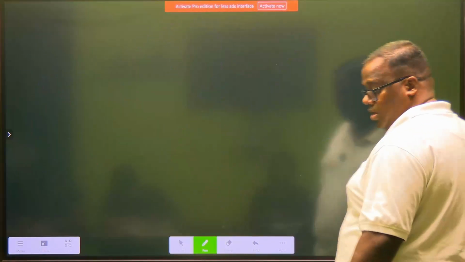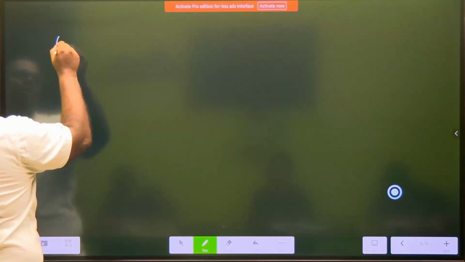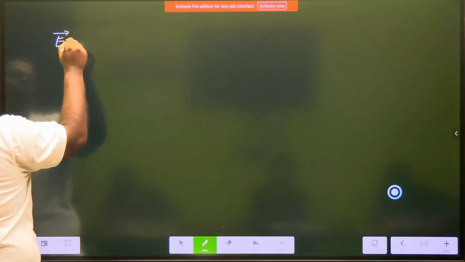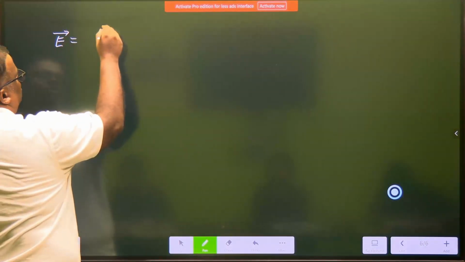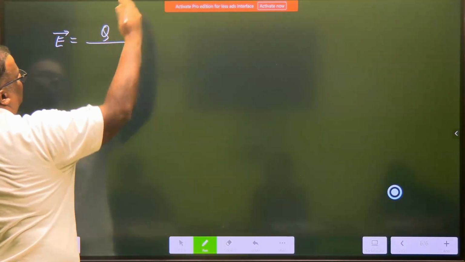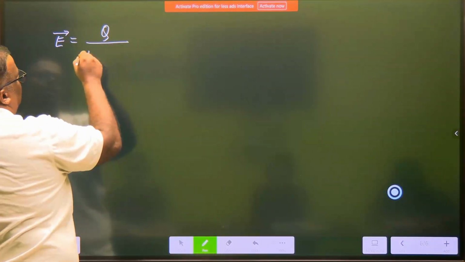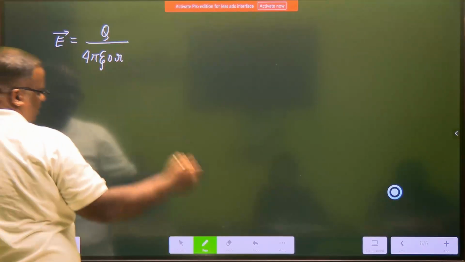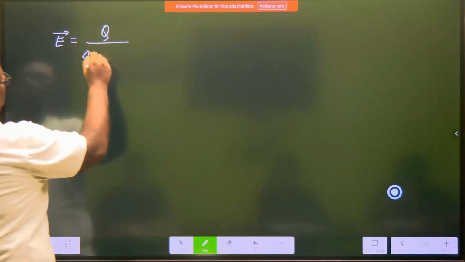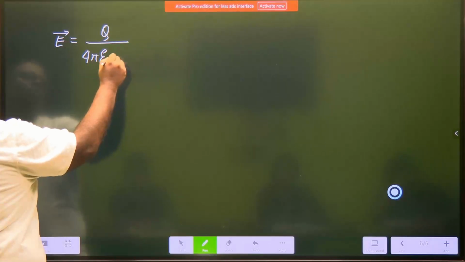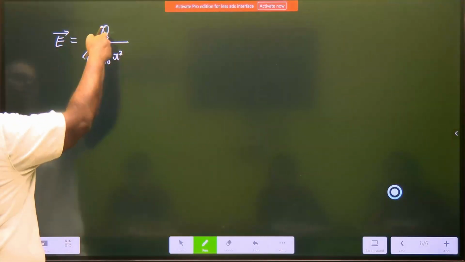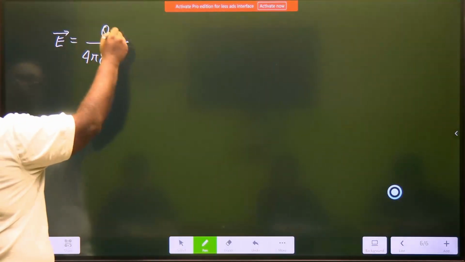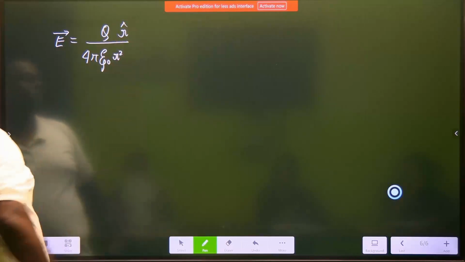So, couple of illustrations. So what is the electric field? Let's look at the electric field once again in vector form. Electric field due to a charge Q is given by, electric field is the force per unit charge, Q by 4 pi epsilon naught r square at a distance r due to a charge Q. Now since this is a vector, I should put an r cap out here.